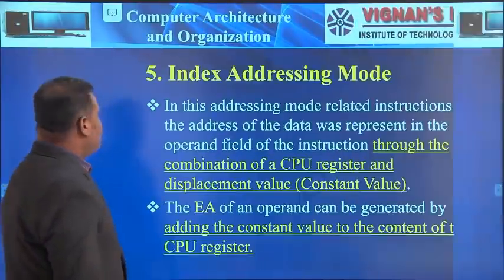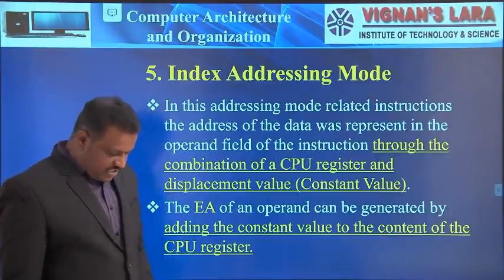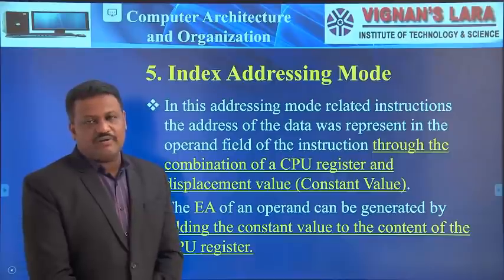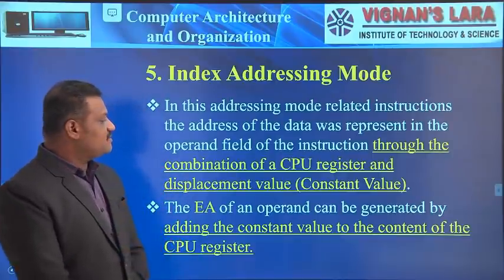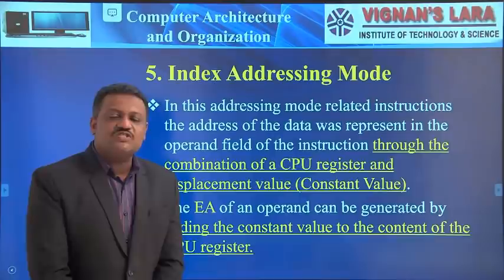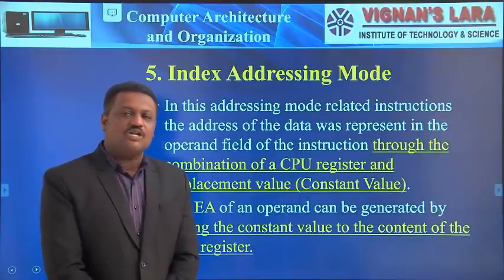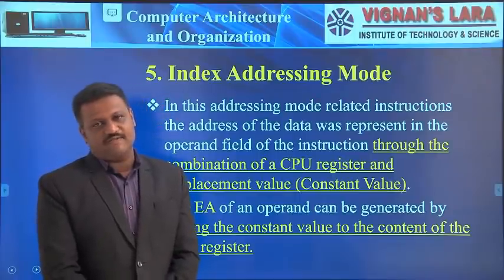Fine. The next one is index addressing. This index addressing mode is somewhat similar to register indirect addressing. The only difference here is that along with our register we add some displacement value. The displacement value is also called a constant value, or an offset value.